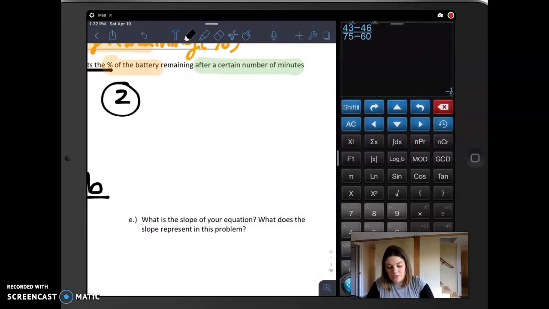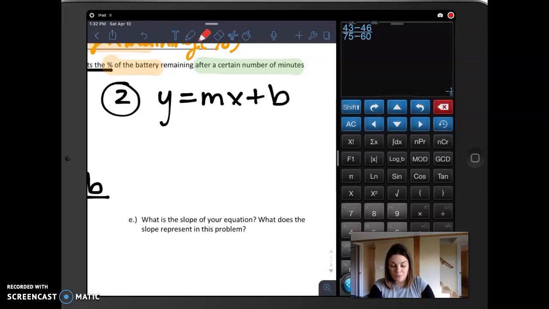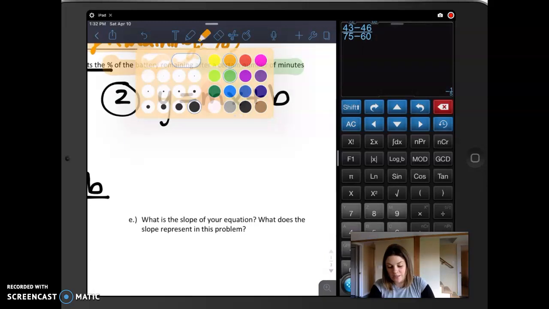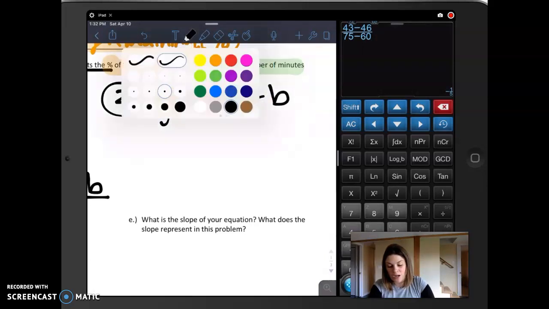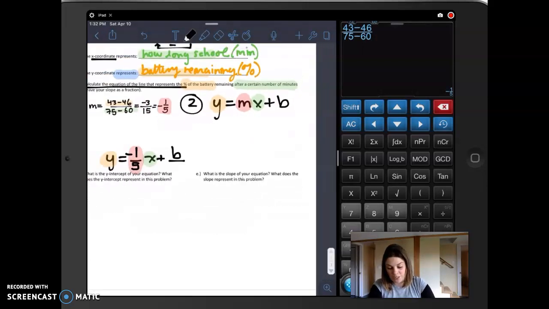So what do we need to do to solve for the b value? Well, one way to think about the b value is where we start, and we'll talk about that in a minute. But y equals mx plus b is the first step to solve for b. We know our m. We know we have 2 points that could give us an x. We have 2 points that could give us a y, and then we're solving for b.